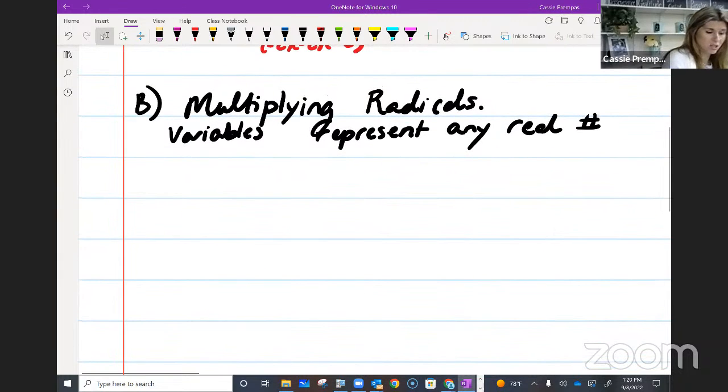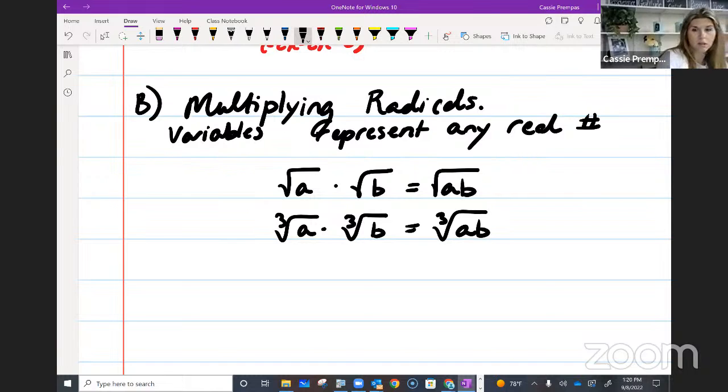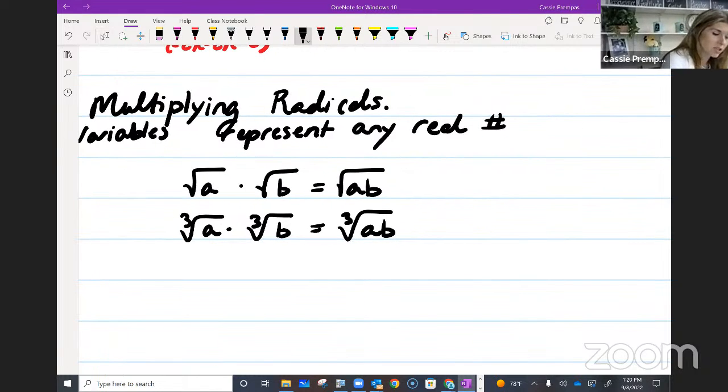The first important thing you need to know is the rules of radicals. You can multiply if you have the same root. So like square root of a times square root of b would be square root of a times b. Or you could say cubed root of a times cubed root of b is equal to cubed root of ab. So important pieces to understand.